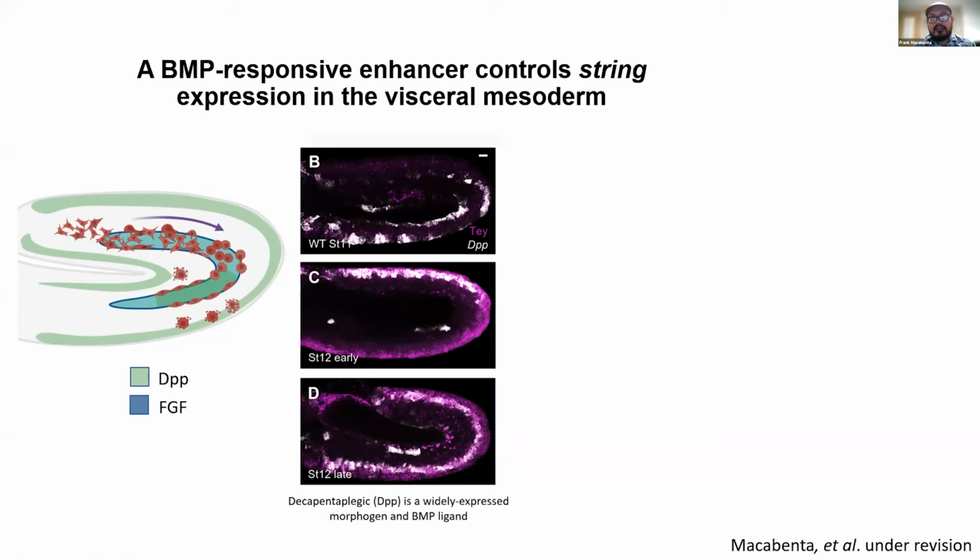Additionally, we looked at RNA-seq data that we previously published that features genes that are enriched in the CVM.